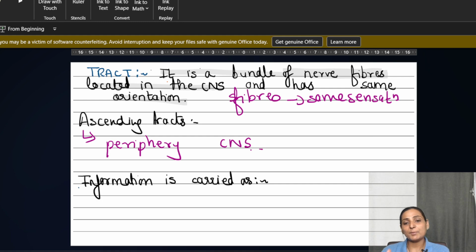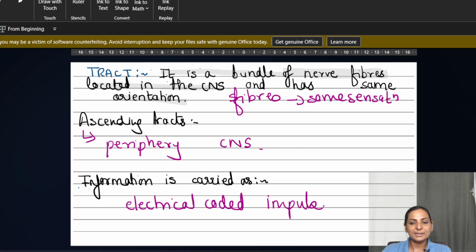The body is made up of nerve fibers, right? So suppose there is touch, there is pain, it will first be sensed by a receptor, and the nerve fibers will carry it all the way to the spinal cord, where once entering the spinal cord it will be bundled together and you will call it a tract. Remember, this information is carried in the form of coded electrical impulses.